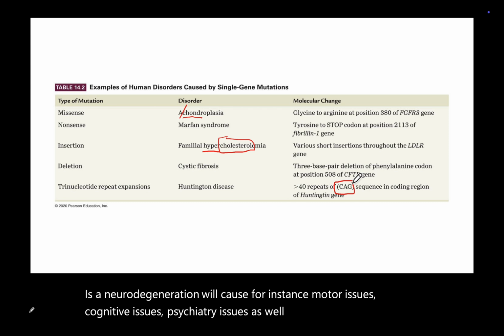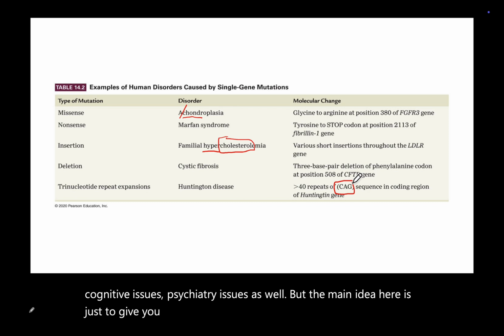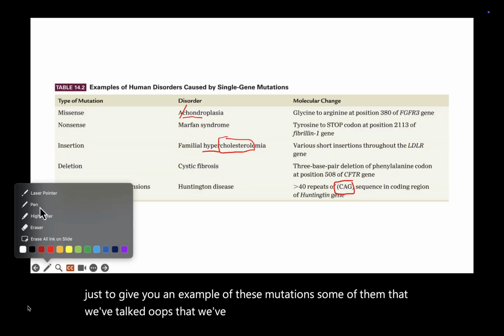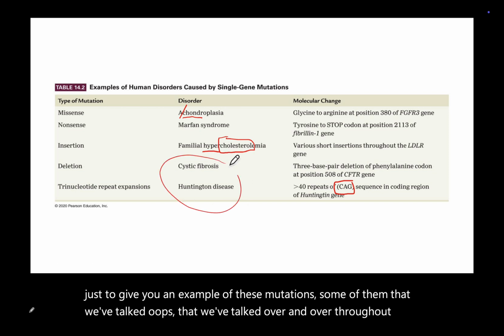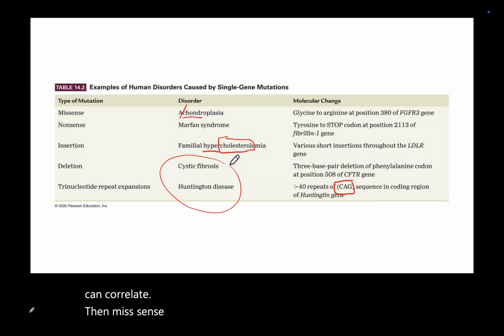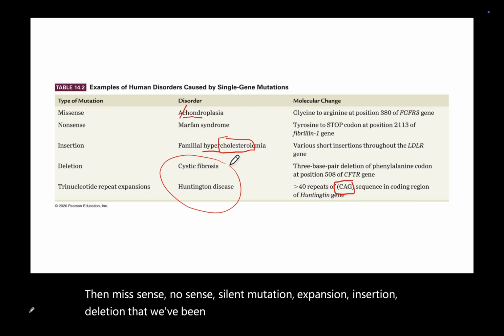But the main idea here is just to give you examples of these mutations, some of which we've talked about over and over throughout the classes, such as cystic fibrosis and Huntington disease, so you can correlate the missense, nonsense, silent mutation, expansion, insertion, and deletion that we've been talking about throughout this class.